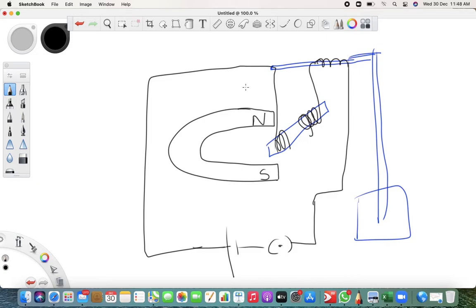For example, if you take a horseshoe magnet to an iron cupboard, the iron cupboard never gets attracted towards you; only your horseshoe magnet gets attracted towards it. So here the horseshoe magnet is heavy and the wire is lighter, so the wire will be attracted towards the horseshoe magnet.